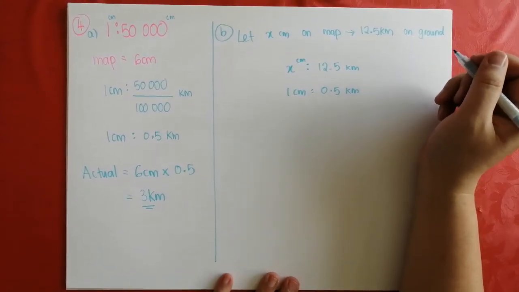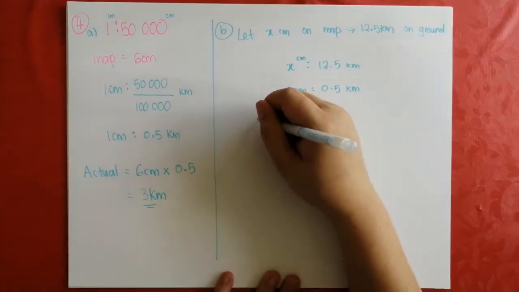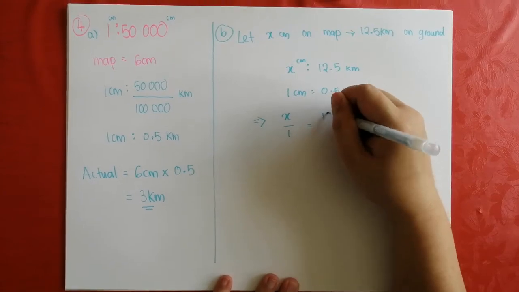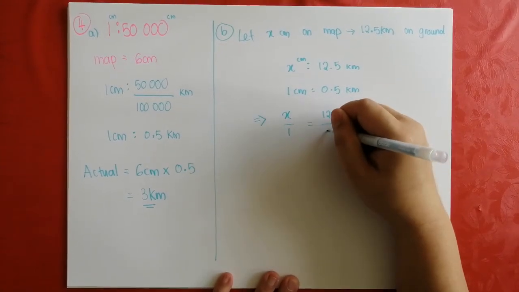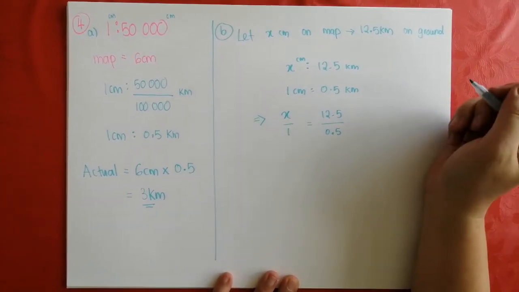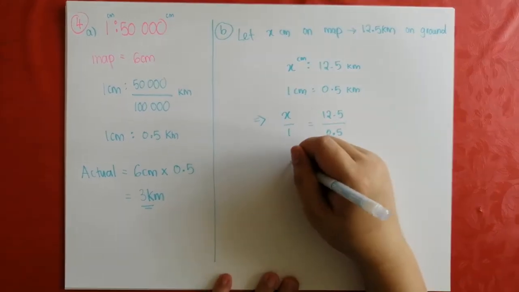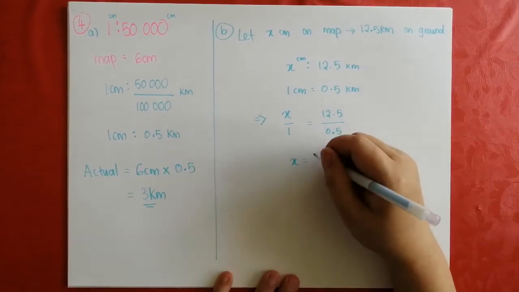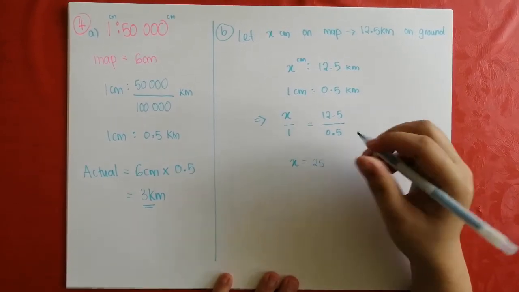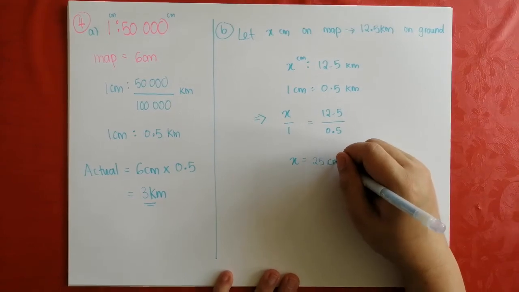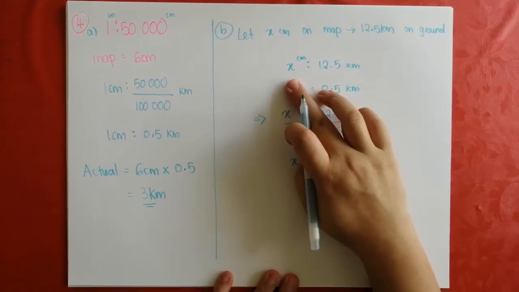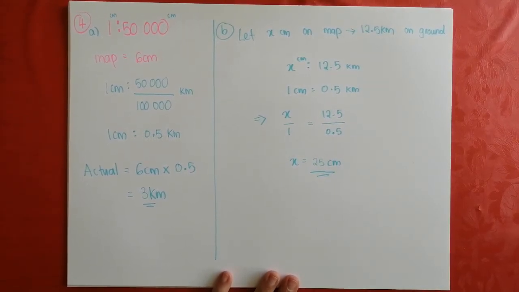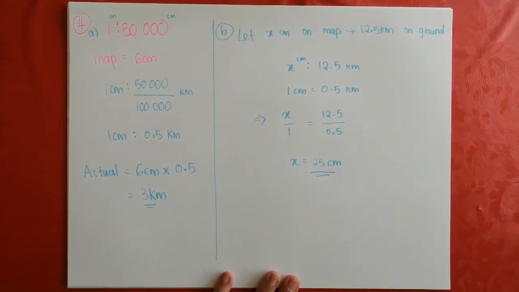Therefore x over 1 is equal to 12.5 over 0.5. Simplify this, 12.5 divided by 0.5 gives you 25. So x is 25 centimeter, following the unit on the map. The track is 25 centimeter on the map.